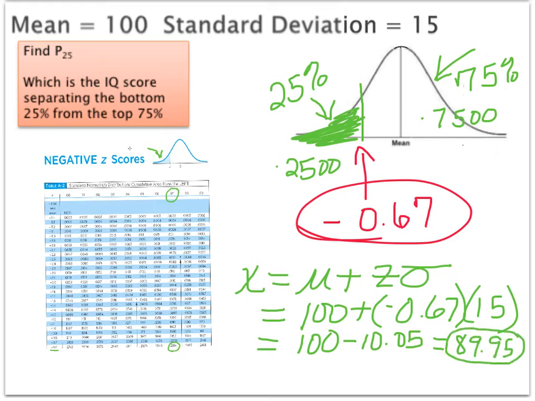So the IQ score that cuts off the bottom 25% from the top 75% is 89.95.